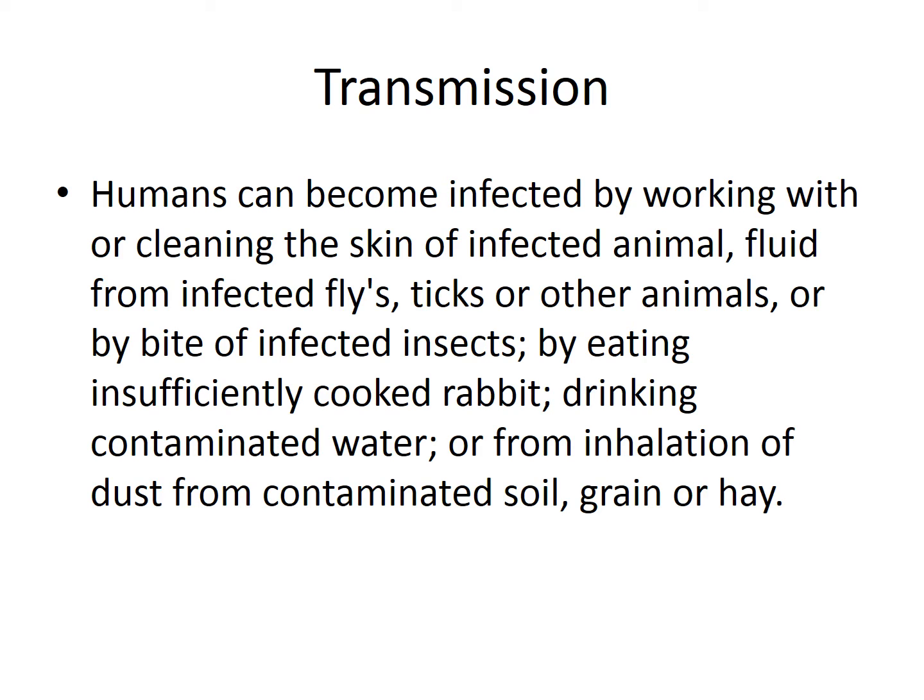How it's transmitted: humans can become infected by working with or cleaning the skin of infected animals, fluid from infected flies or ticks or other animals, or by the bite of infected insects, by eating insufficiently cooked rabbit, drinking contaminated water, or from inhalation of dust from contaminated soil, grain, or hay.